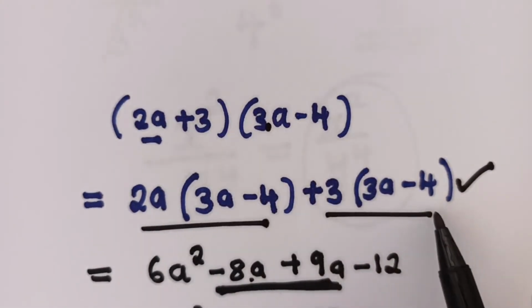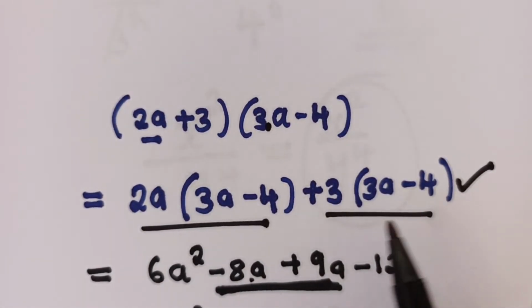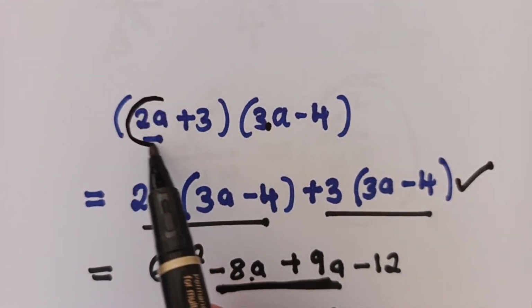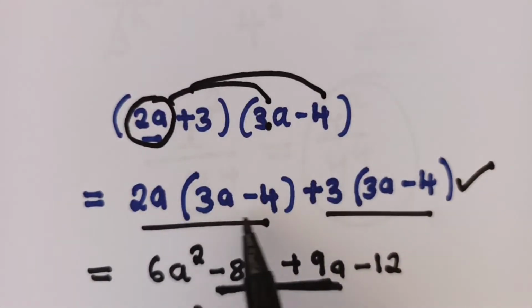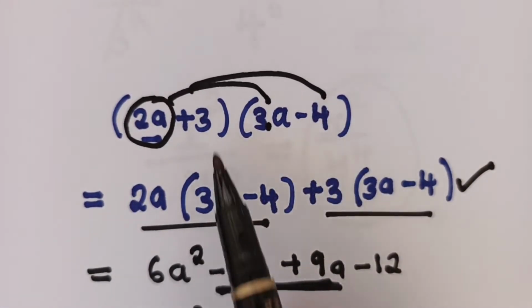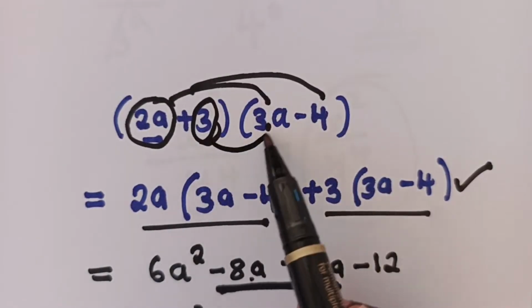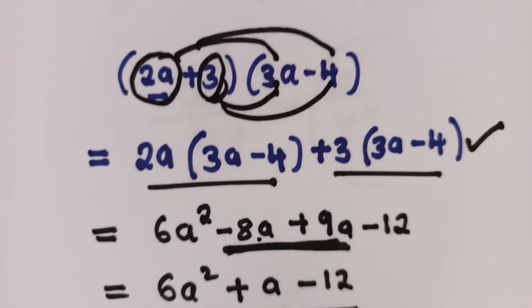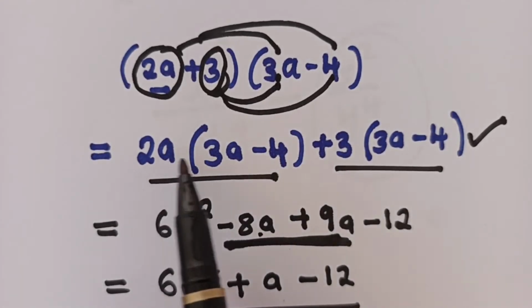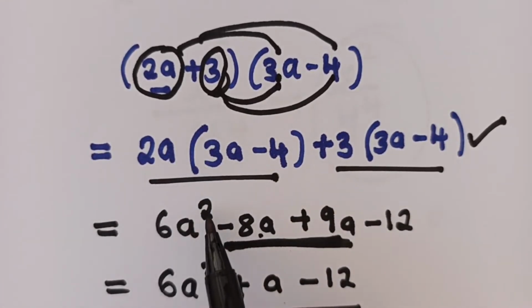You can skip this stage if you want. But if you don't want, just know that this guy will first be multiplied by this, and this is how it looks. From there, you come to this other guy, will be multiplied by this, and this is how it's going to look like.